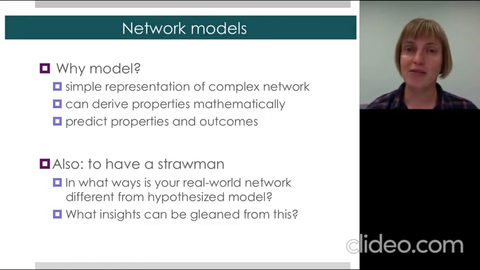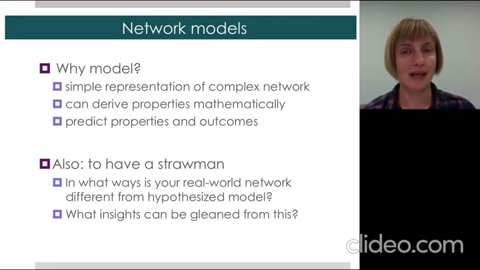But if we have an underlying model that tells us, well, these are the motivations for the edge formation in that network, then we may very well be able to generalize and make predictions about networks we haven't even yet observed. This is all nice, assuming that your model is actually a good representation.